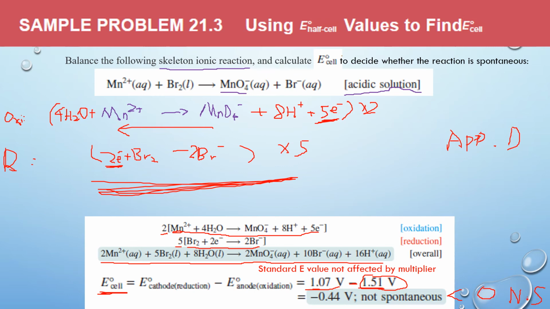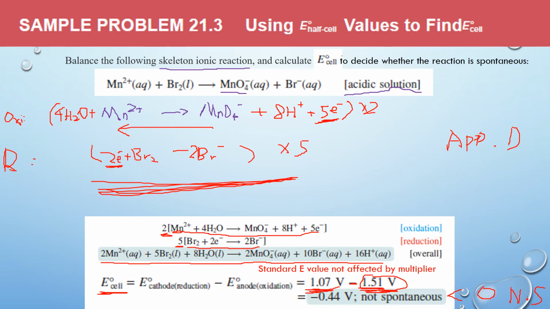One thing I want to emphasize is that the value we use is directly from Appendix B. But notice that when we combine these two half reactions to cancel the electrons, we multiply these two reactions by a multiplier, or we change the coefficients.